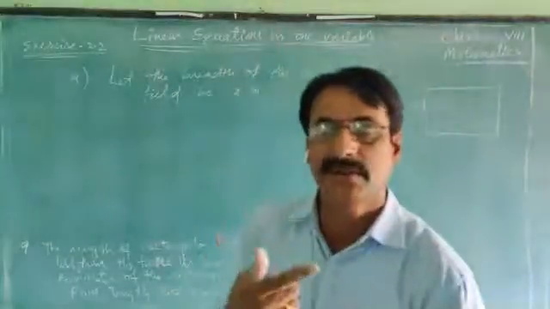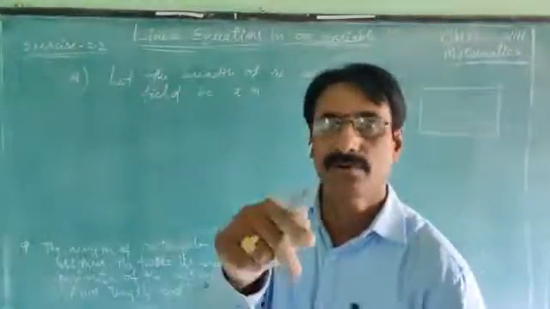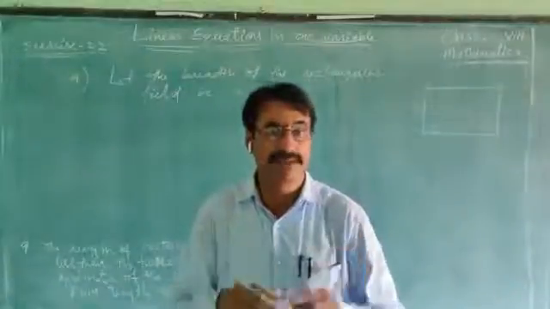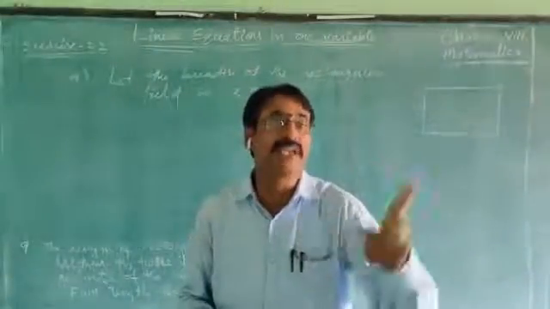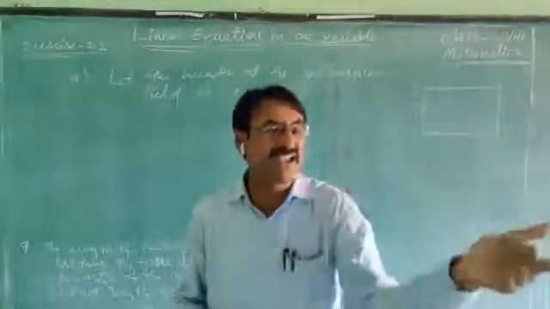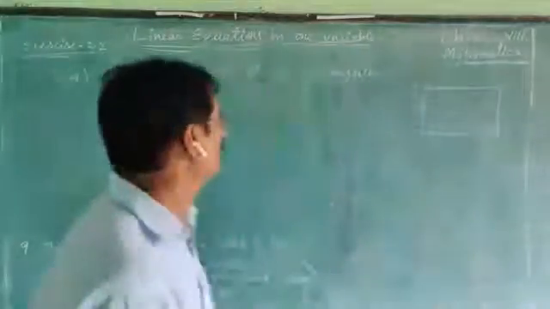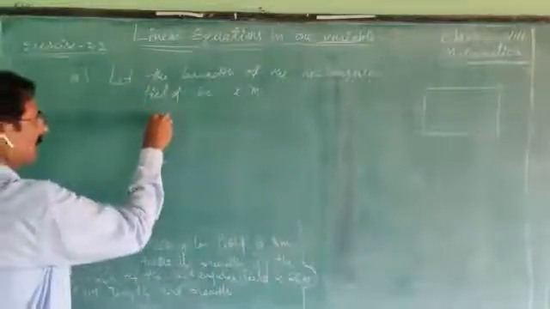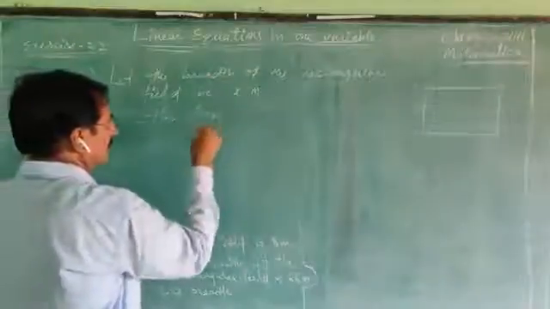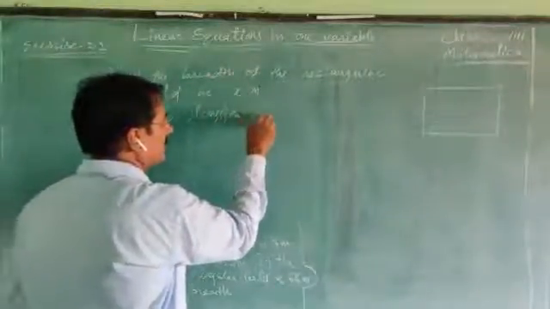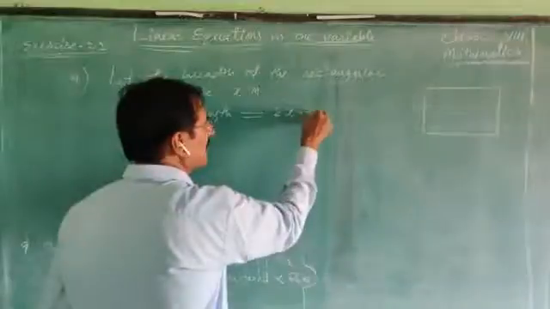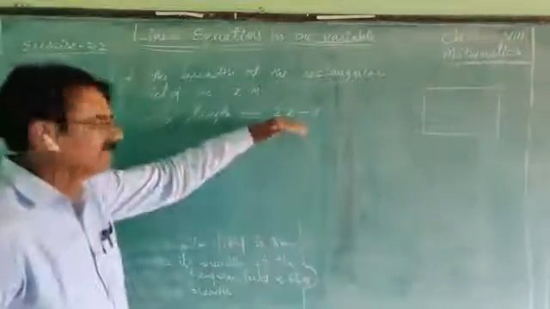Twice the breadth means 2x, where x is the breadth. From that 2x subtract 8. So we get the length. Therefore, the length is 2x minus 8.